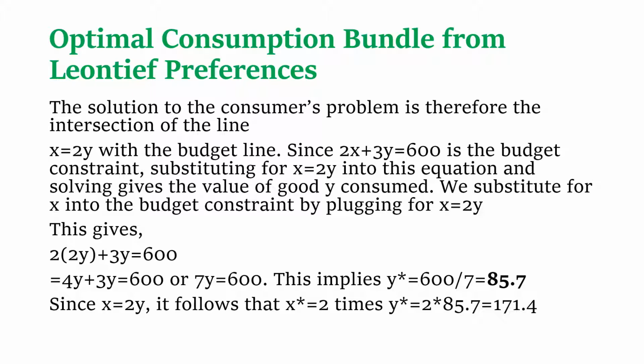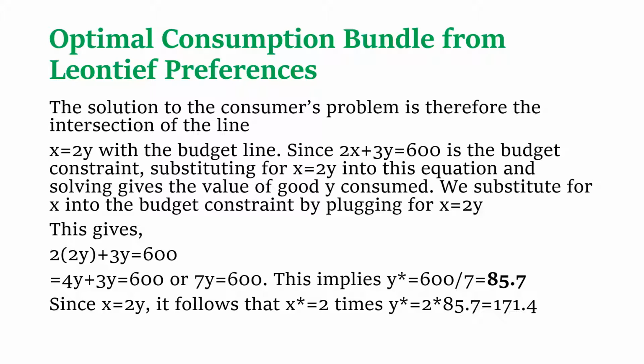Since 2x plus 3y equals to 600 is the budget constraint, now substituting for x equals to 2y into this equation and solving gives the value of good y consumed. We substitute for x into the budget constraint by plugging in x equals to 2y. Now you see, x is equals to 2y. All you have to do here is take this x, plug it into the budget constraint, which is what? 2x plus 3y equals to 600, right?